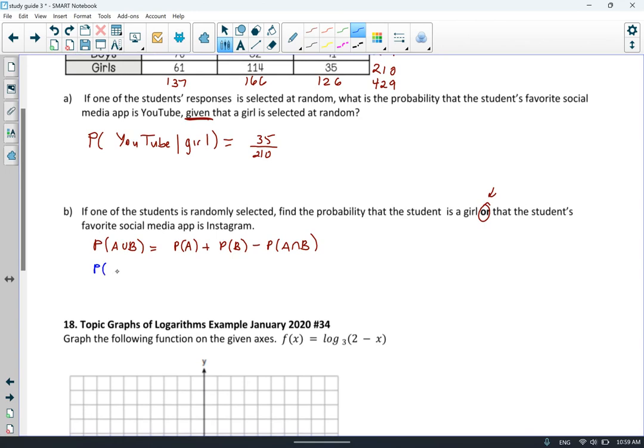Again, make sure you have proper notation. So Instagram, or you could use the word or if you'd like, girl. So that's the probability of Instagram plus the probability of girl minus the probability of both, because A and B is just both instances.